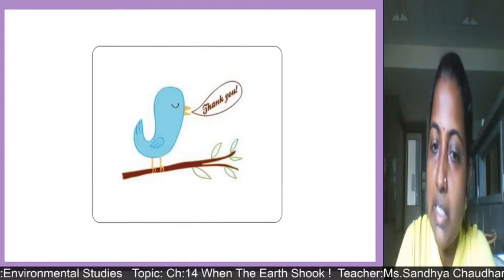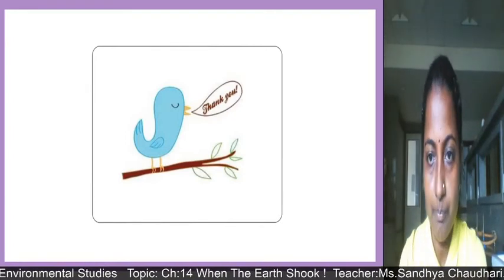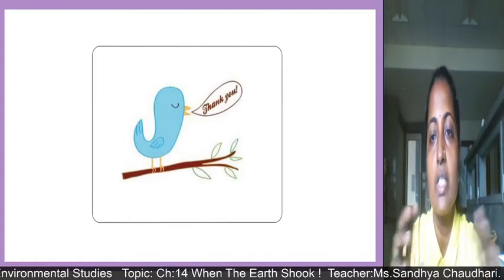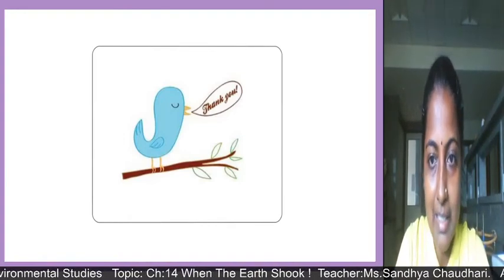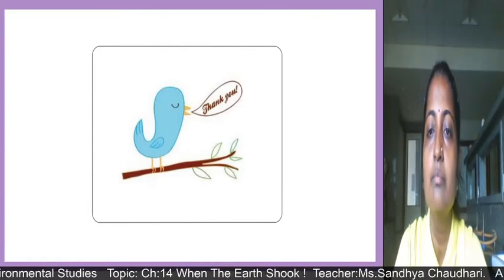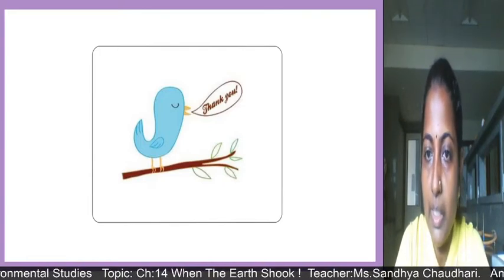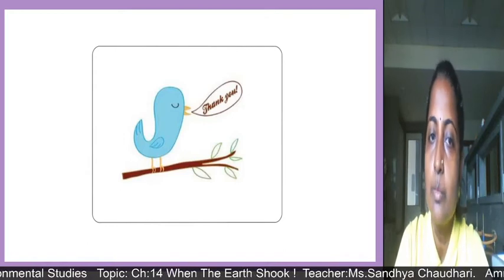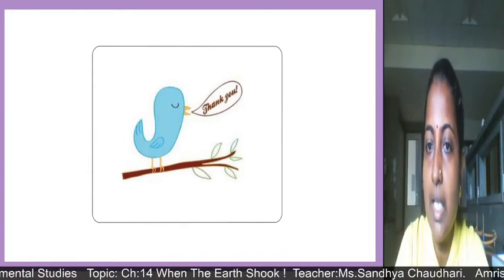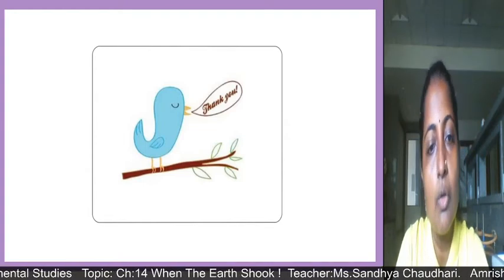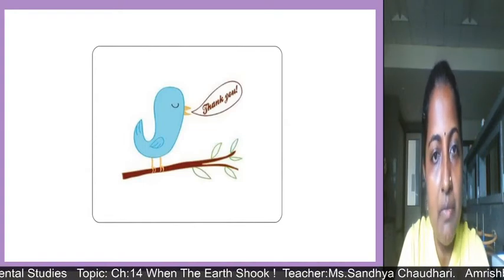In this chapter we have seen about earthquakes, disasters and natural calamities. So children, please watch the video properly again and again, and try to get more knowledge about all these calamities. Many calamities are there, but according to your level these are sufficient.